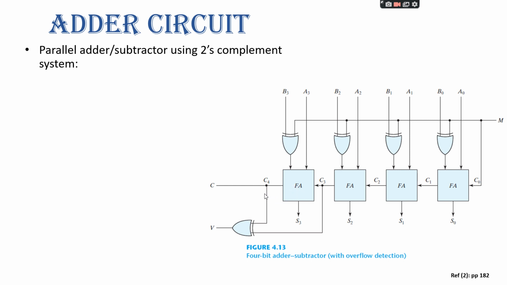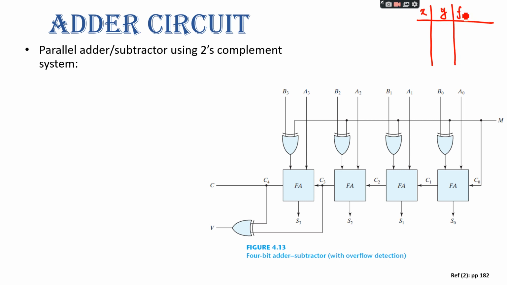We are using an exclusive OR gate to get the number B. Do you remember the truth table for the exclusive OR gate?